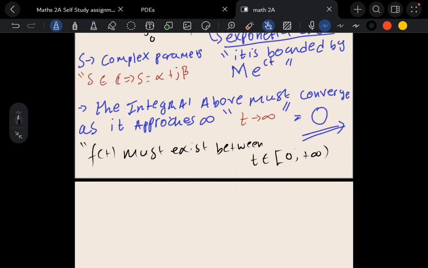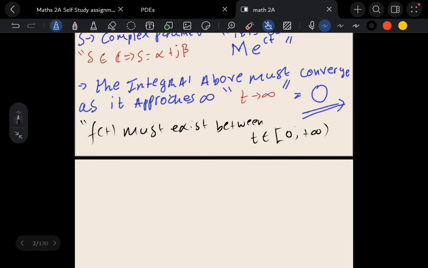Whenever we take the Laplace transform, just know that you take it from 0 to infinity. Do you understand that? I think you will get this later, but bear with me for now.